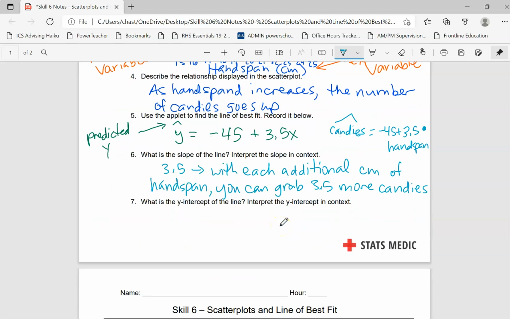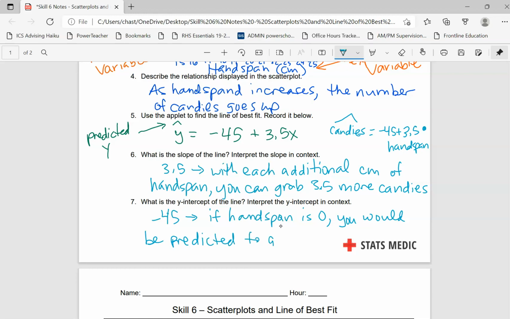And then the y-intercept would be -45. And that means that if the hand span is 0, so if you had no distance between the tip of your thumb and the tip of your pinky, you would be predicted to grab -45 candies.